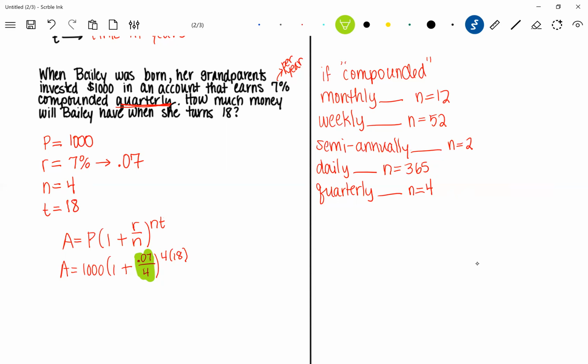They're going to take that 7% that's for the whole year, divide it by 4, and give her 1/4 of that 7% each quarter. So that's why it's 0.07 divided by 4. And then it compounds 4 times per year, but she's doing it for 18 years. So that number there is the total number of times it's calculated for those 18 years.